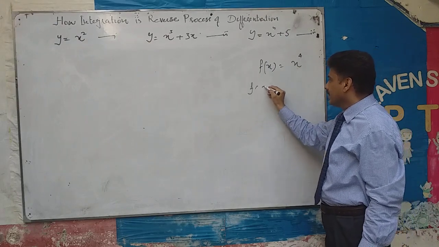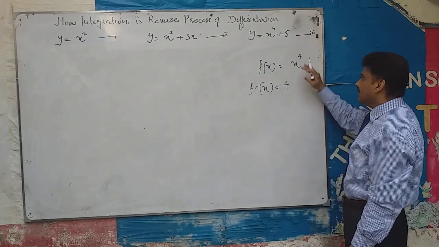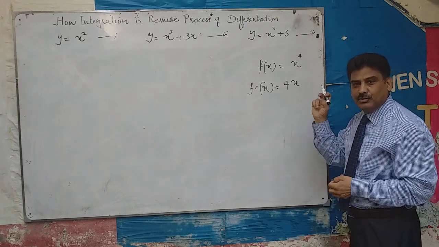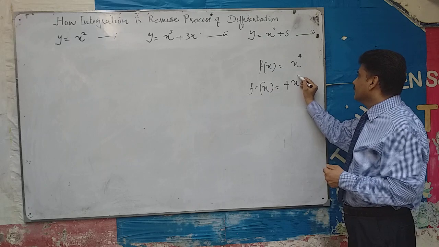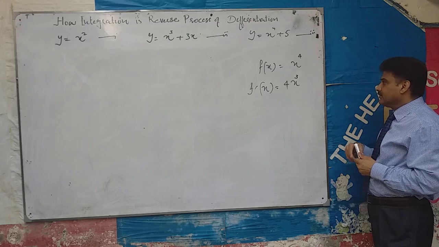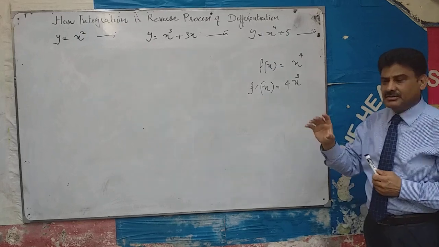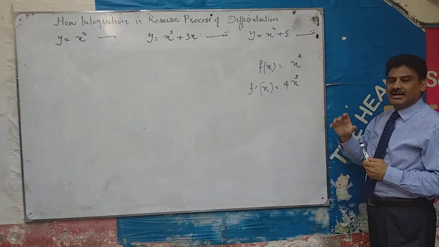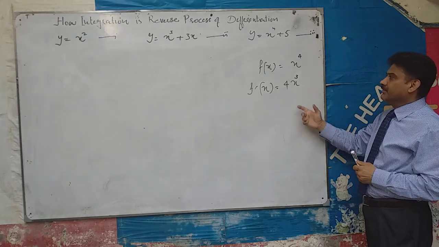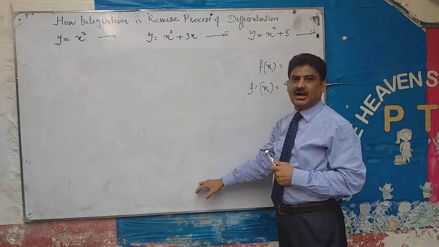Its derivative will be f prime x is equal to 4, which is the power of the function, multiplied by the function with the power reduced by 1. Its derivative is equal to 4x cube. It is a simple way to differentiate a curve or to find the gradient function of any curve.